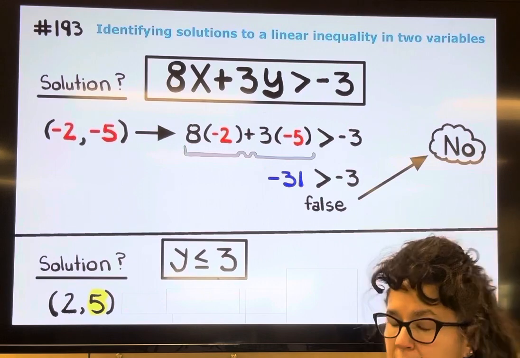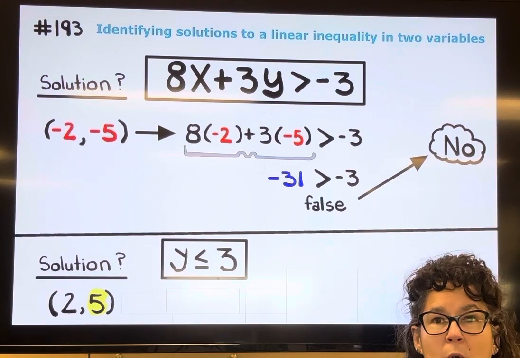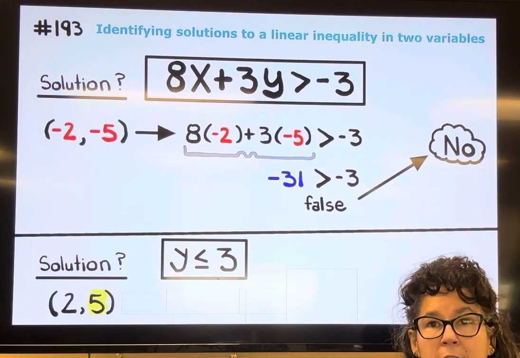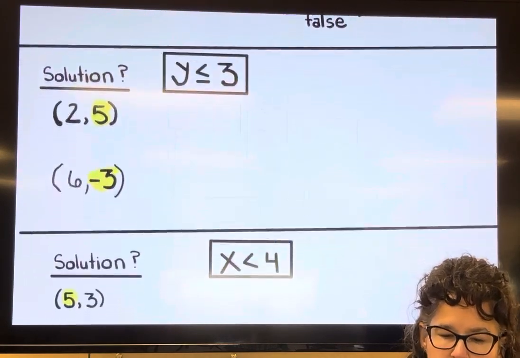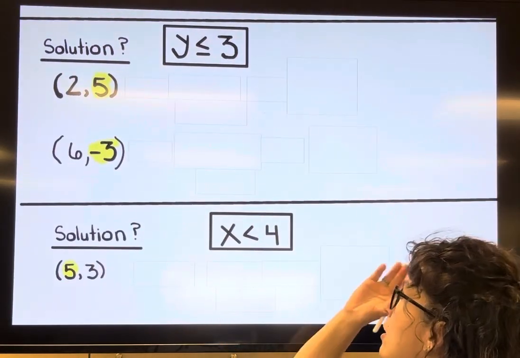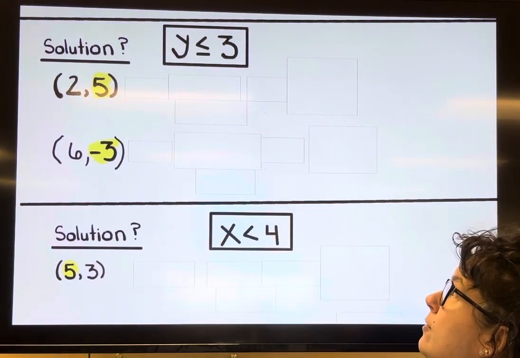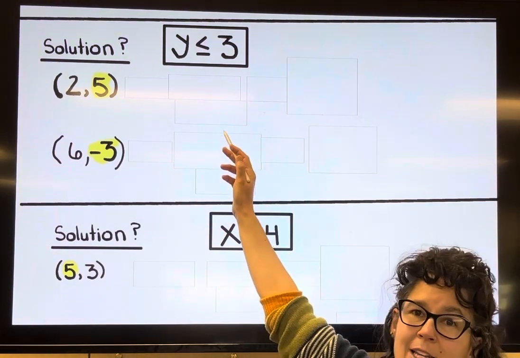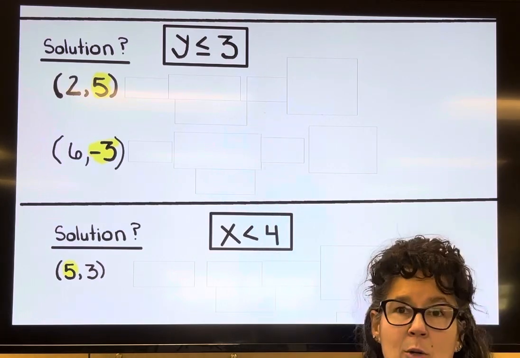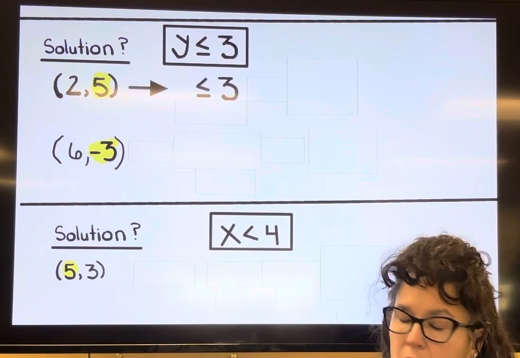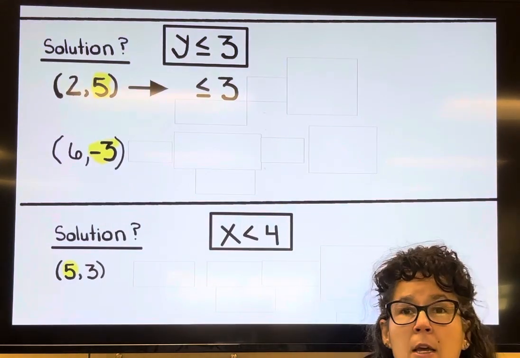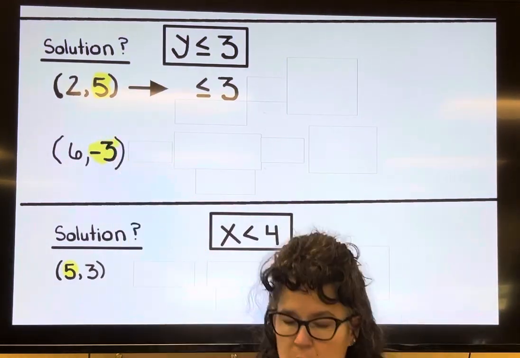The next couple of examples are actually very straightforward, but because they look a little different, you might think that you're not sure what to do. All right, so here we go. I've got a point, 2, 5, and my inequality is simply y is less than or equal to 3. I'm going to still make a substitution into my inequality, but there's no place for the number 2.